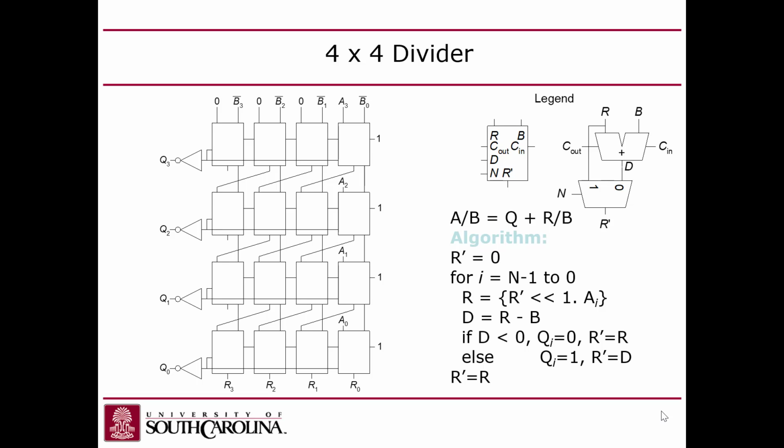Let's see. The outputs here are R prime, right? So basically every time you add, you do this shift, right? So that's one of the outputs, which is one of the R prime outputs.